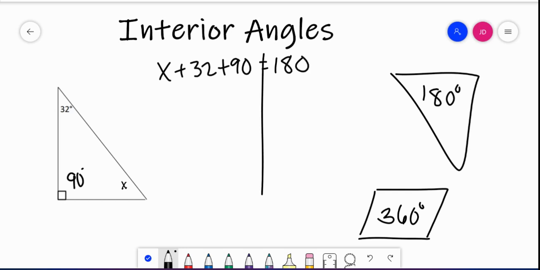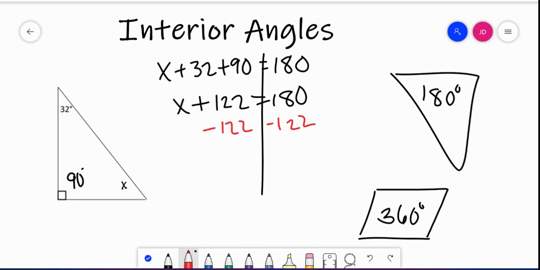And then I'm going to solve. 32 plus 90 is 122. Minus 122 from both sides, and we get x is 58. So that means this angle right here is 58 degrees.